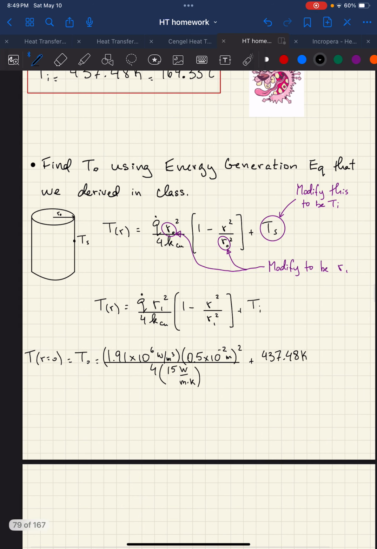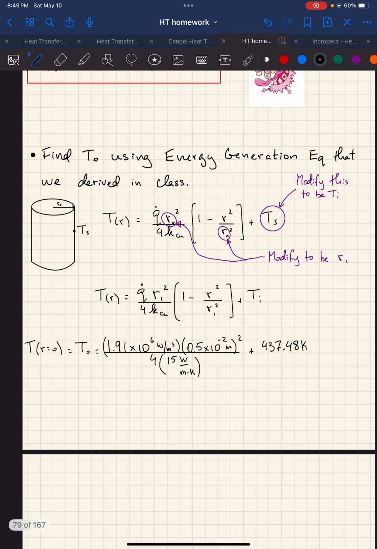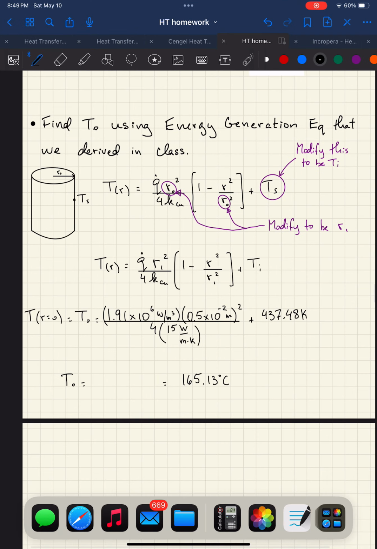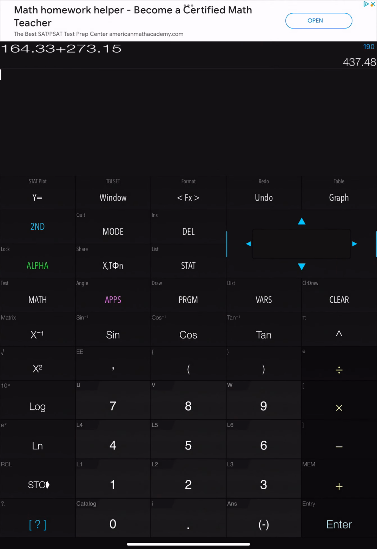Ti is 437.48 Kelvin. Okay. So again, the answer that I have reported, I have it in Celsius, but I will find it right now for you in Kelvin. So 165.13 plus 273.15.